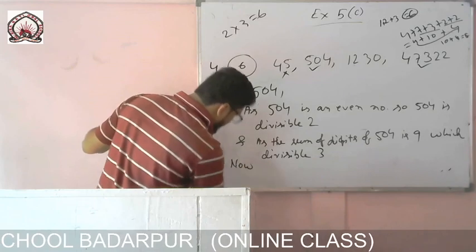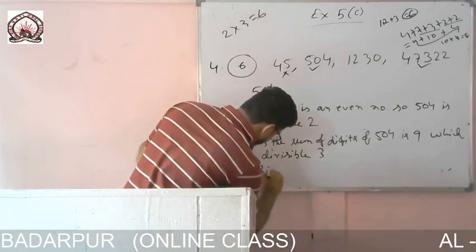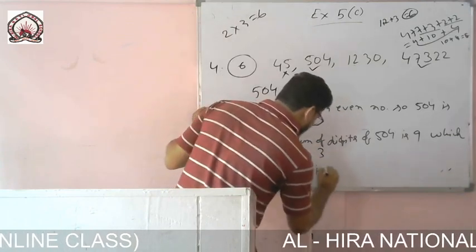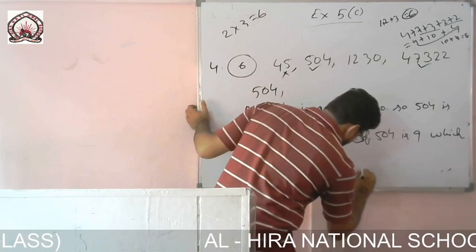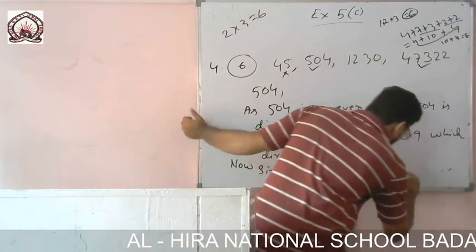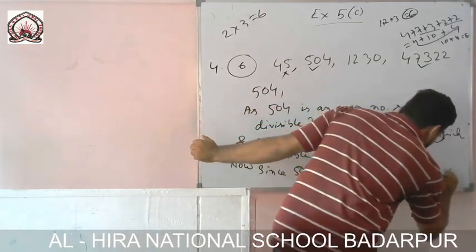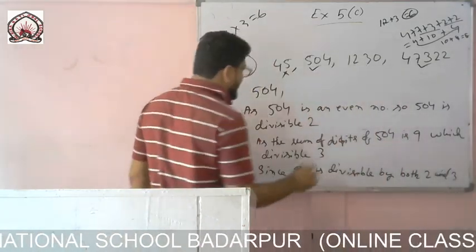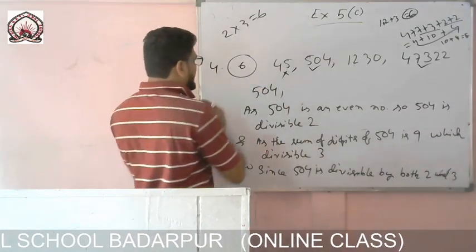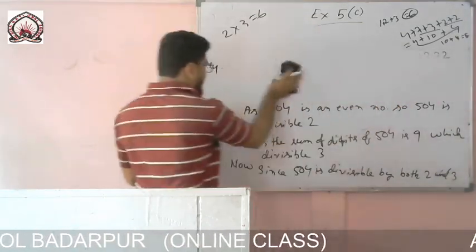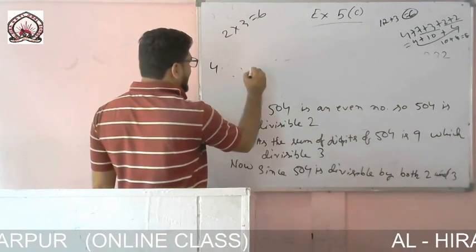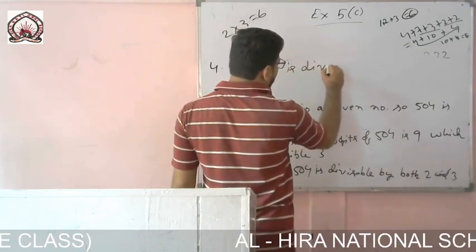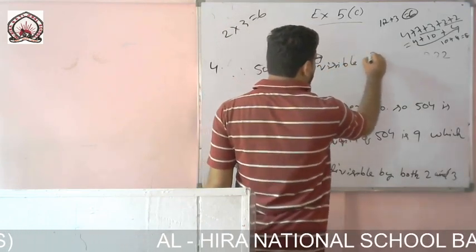Now since 504 is divisible by both 2 and 3, therefore 504 is divisible by 6.